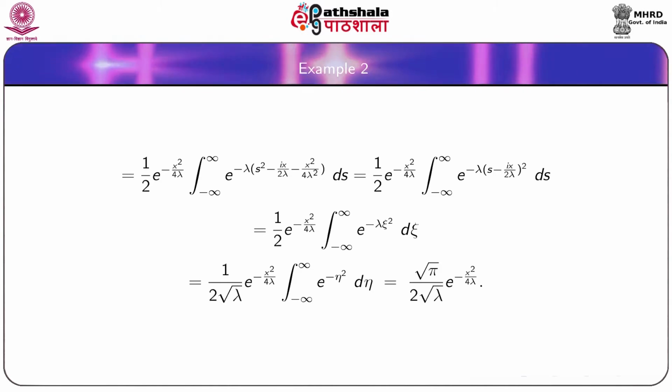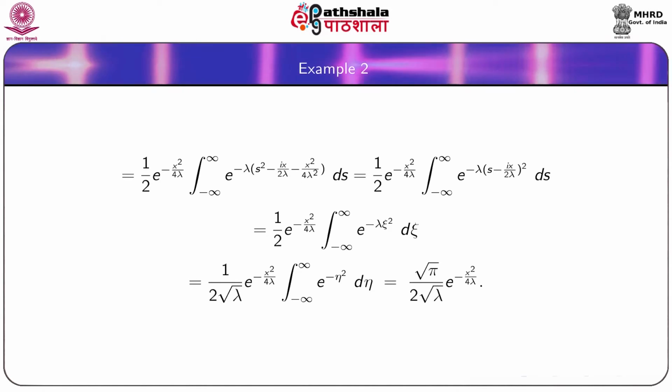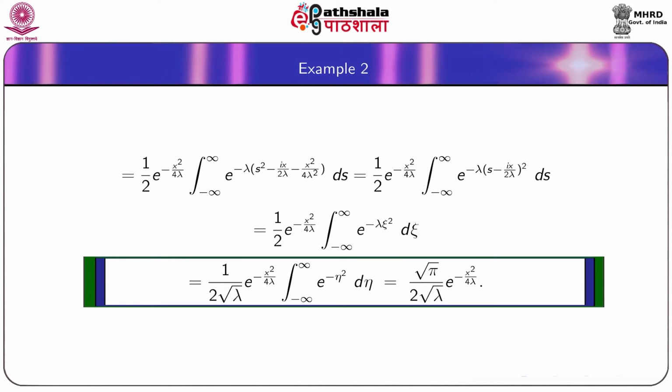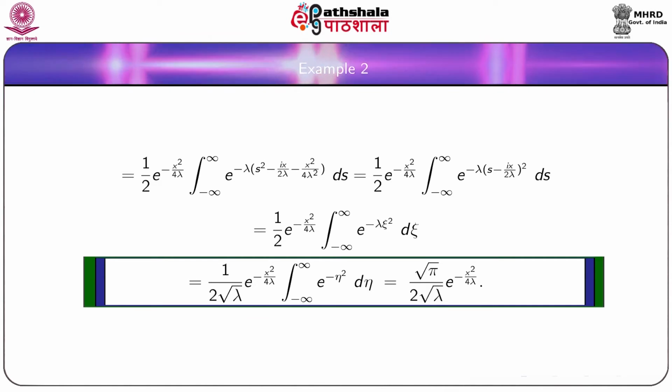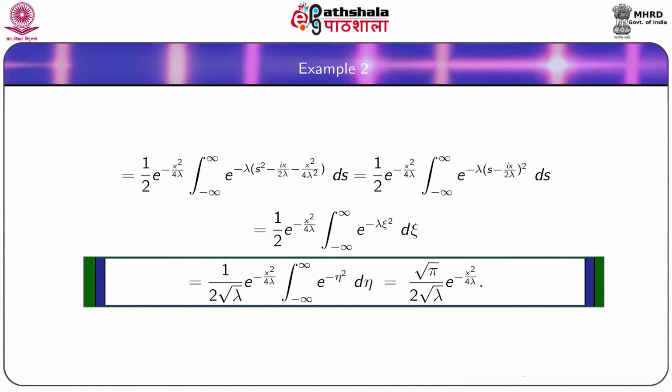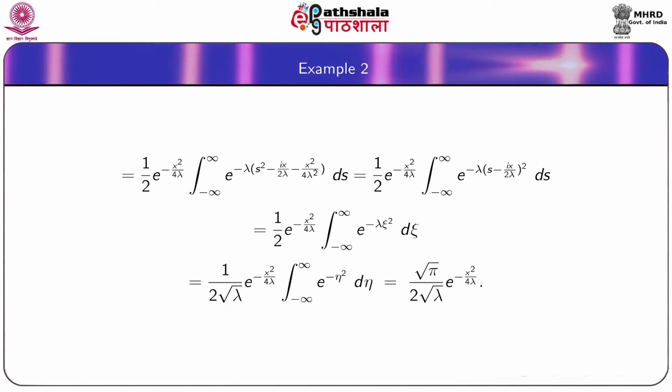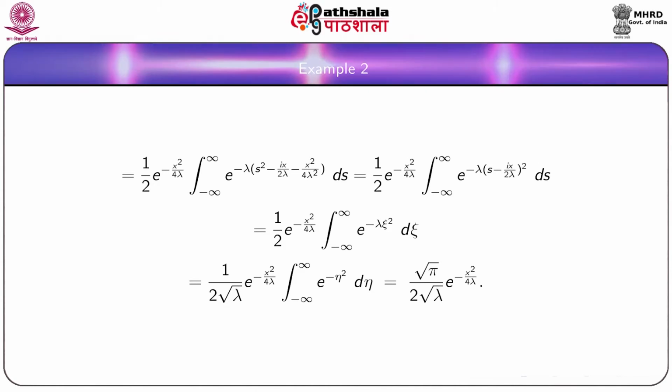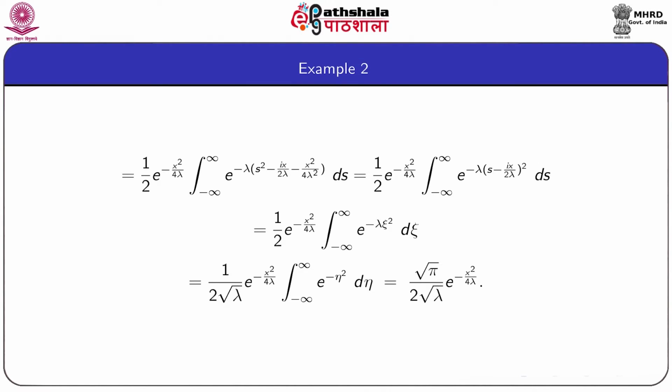This can be simplified again to get 1/2 into 1/√λ into e^(−x²/4λ) integral from minus infinity to plus infinity e^(−η²) dη, which can be evaluated by using the gamma function as √π/(2√λ) e^(−x²/4λ).